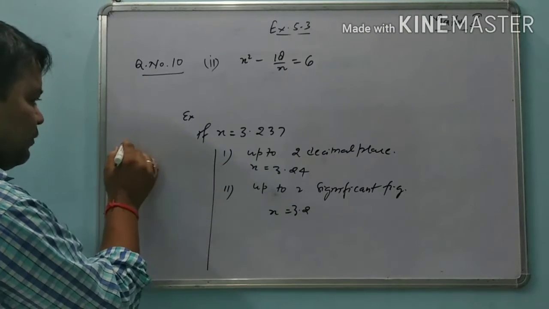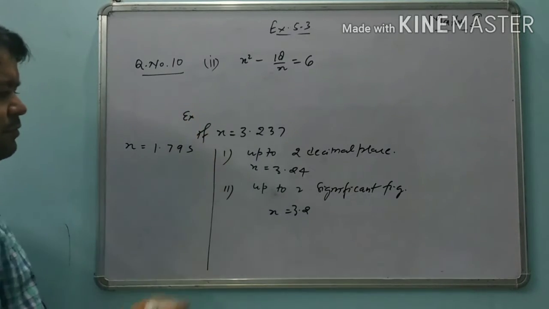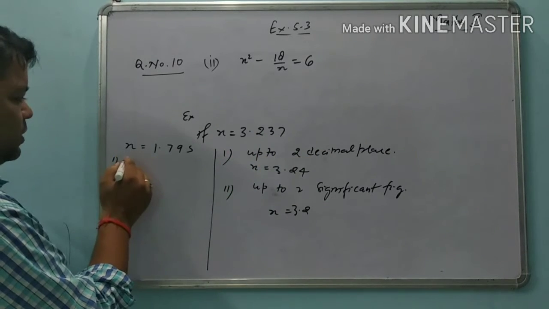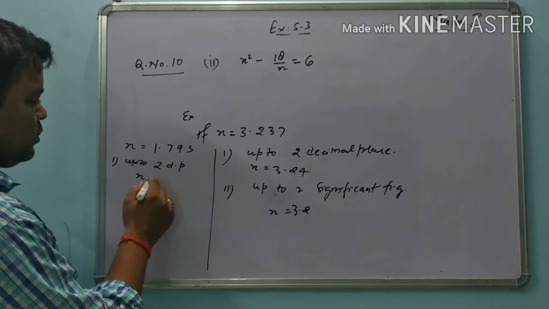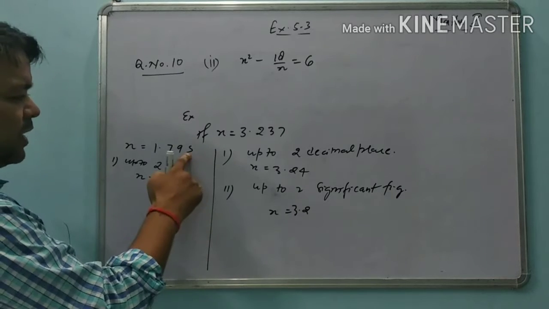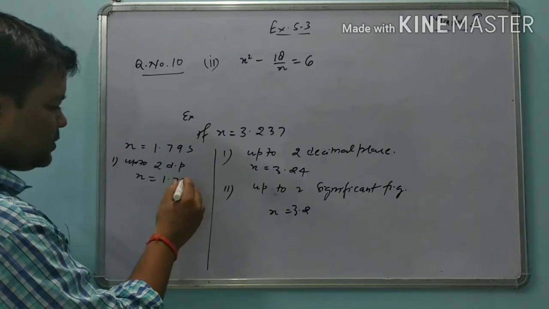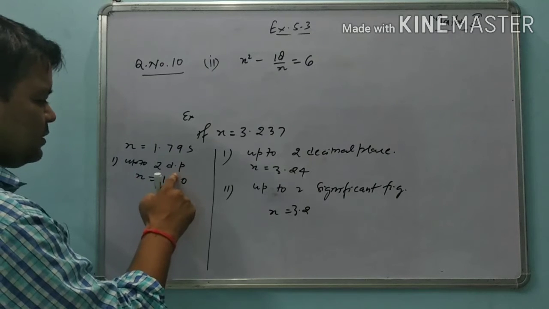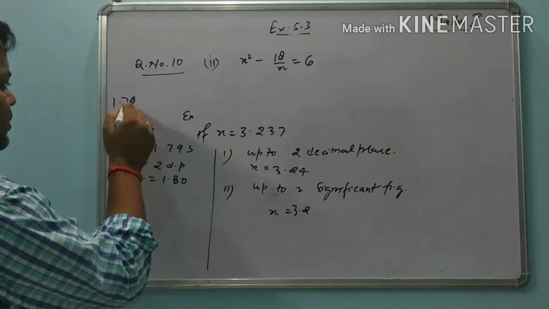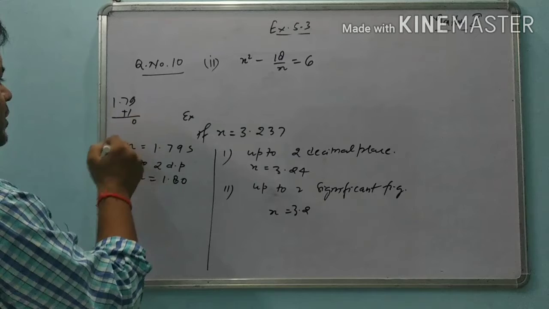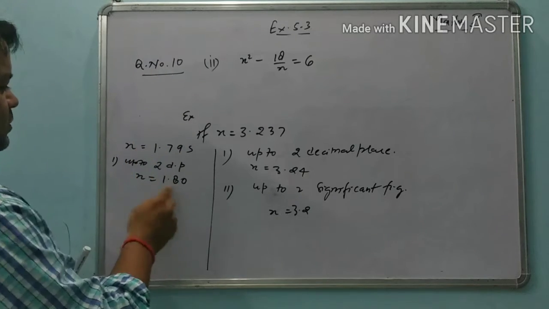One more example: if x is equal to 1.795, then up to two decimal places it will be 1.79, but here the next digit is 5, so it will be increased by 1. 9 plus 1 is 10, 0 carry 1, 7 plus 1 is 8, so it will be 1.80, that is 1.8, up to two decimal places.